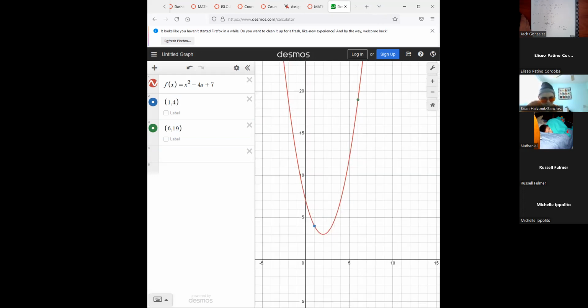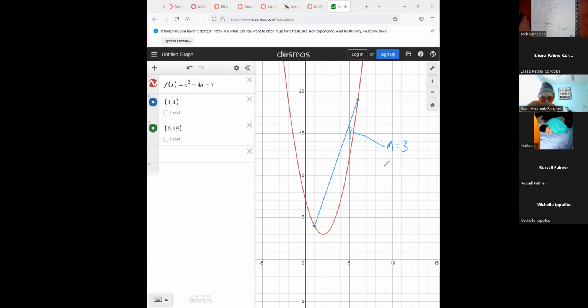So basically, if you connect a line to these 2 points and you found the slope of this line here, the slope of this guy is equal to 3.